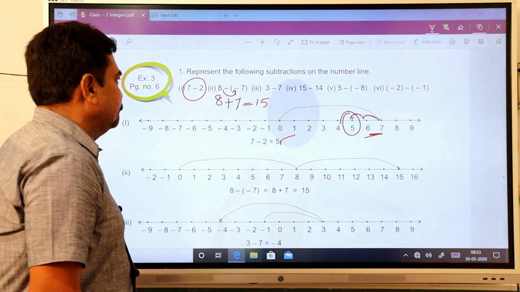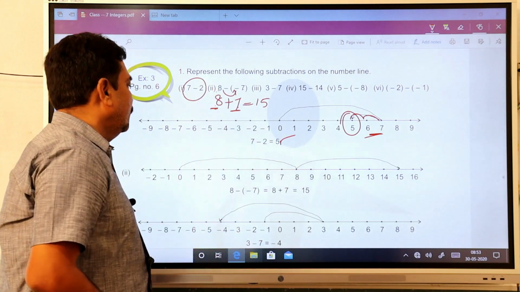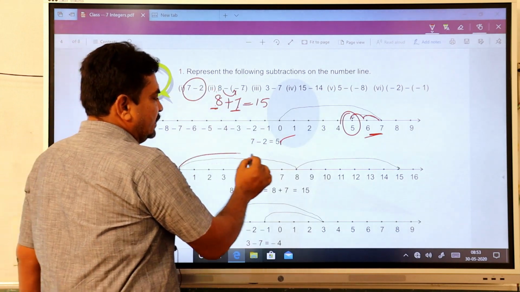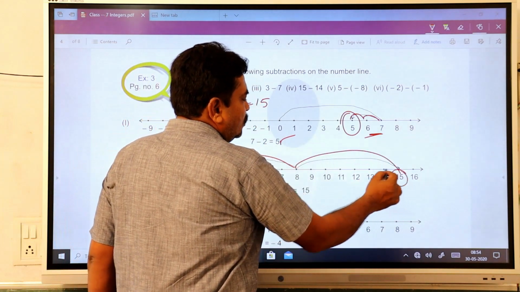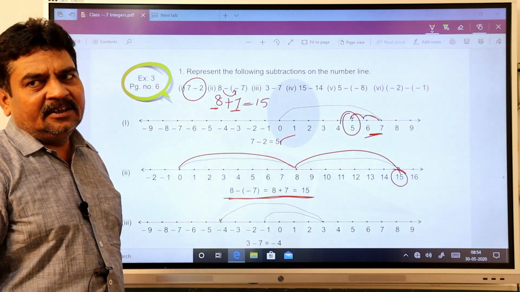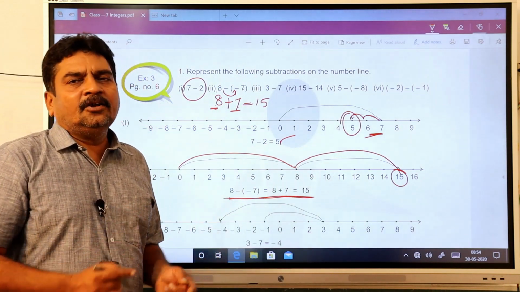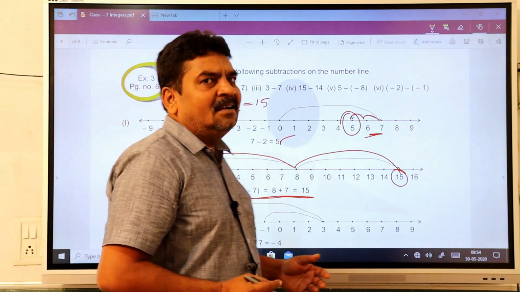From 0 it is 8 plus 7, it comes to 15. So this is what the answer is. In this way you are going to represent integers on the number line.